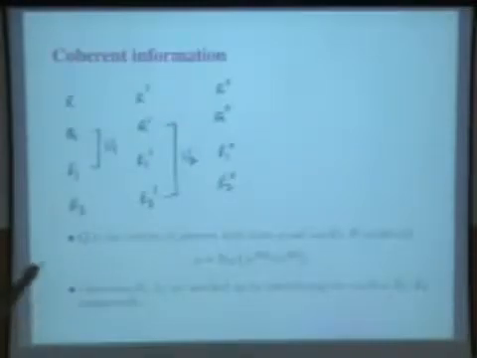Instead of R dash Q dash, you just put R1 Q1 there, and that is the entanglement fidelity. And you can also define a quantity called entropy exchange, which is just the von Neumann entropy of the composite system R1 Q1.